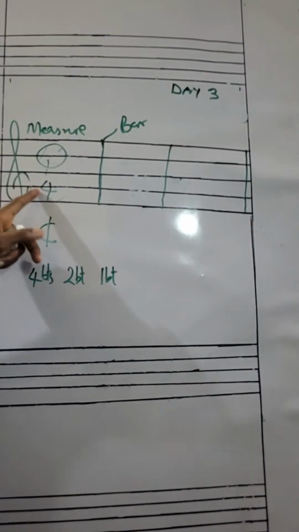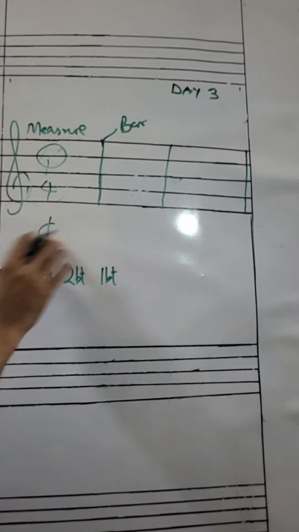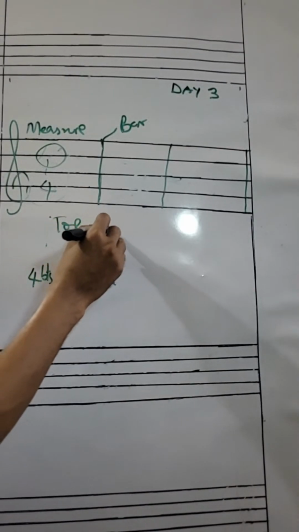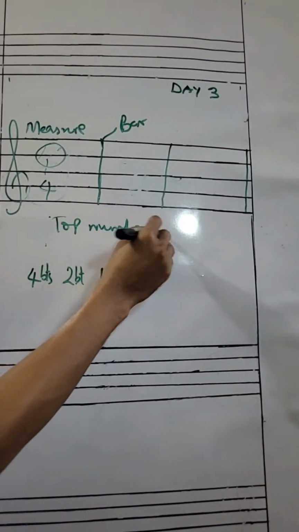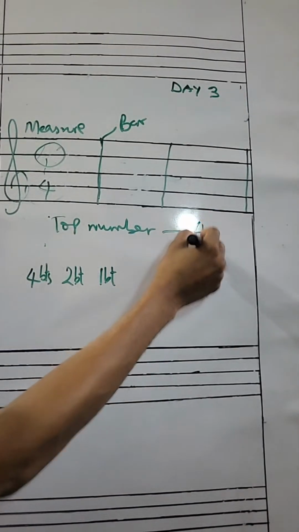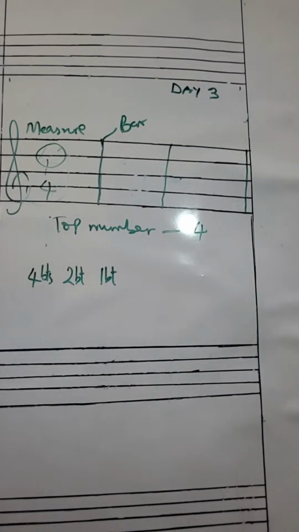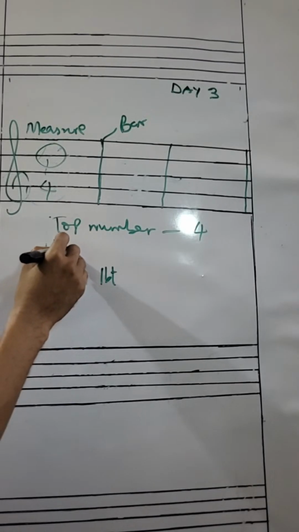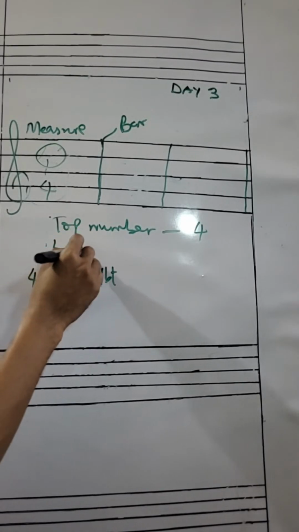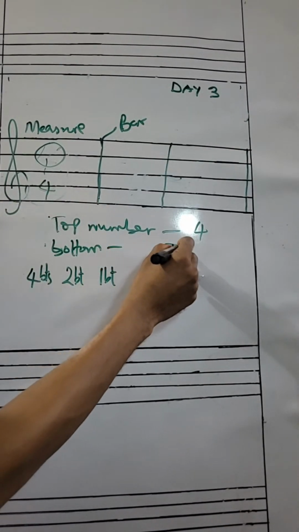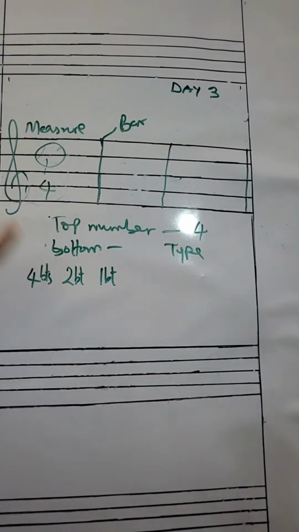And the top number is telling you the amount of beats there. Then the one below, the bottom number, is the type of beats that you are having.